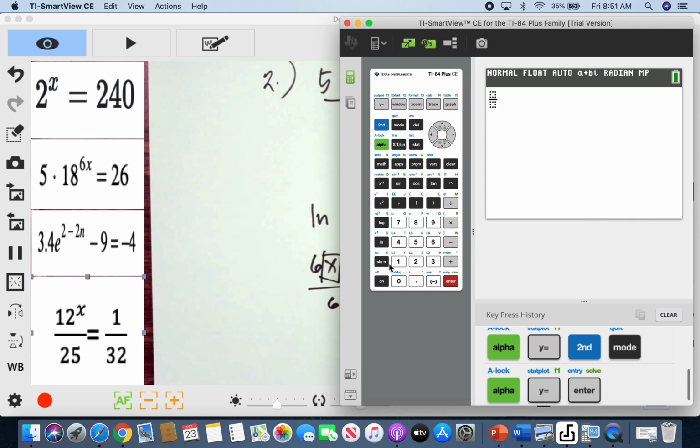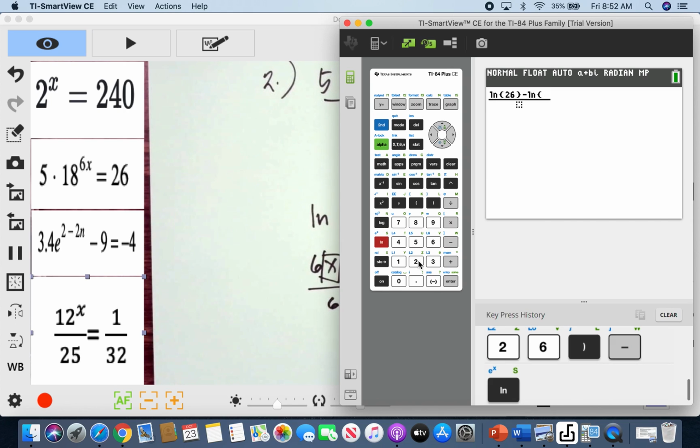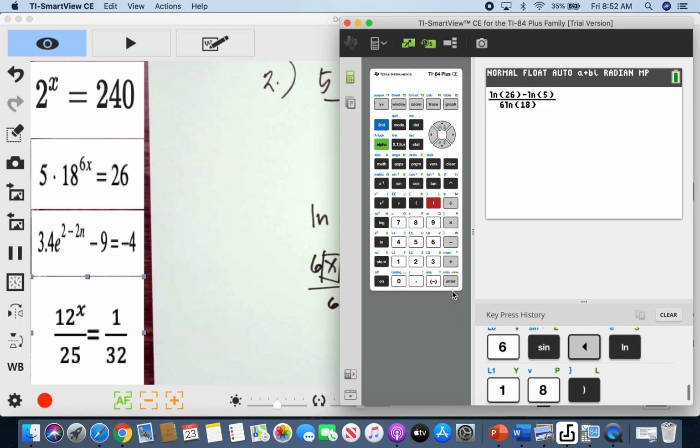And of course you will type, this is ln, this is base e, natural logarithm, ln 26 minus ln 5, divided by 6 ln 18. And that's the answer. That's the approximation, 0.095.